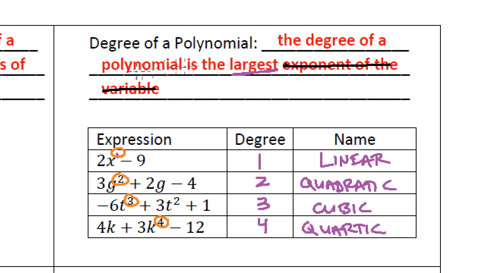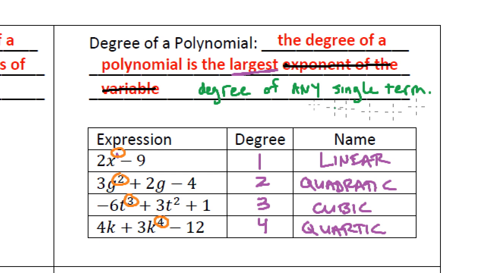The degree of a polynomial is the largest degree of any single term. Hope you can read that okay. So the degree of a polynomial is the largest degree of any single term.